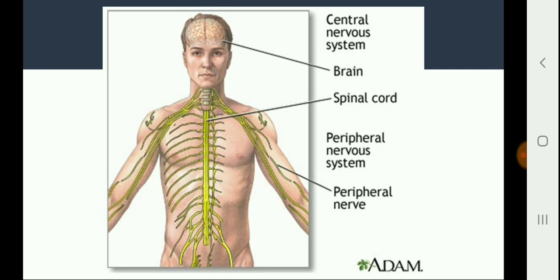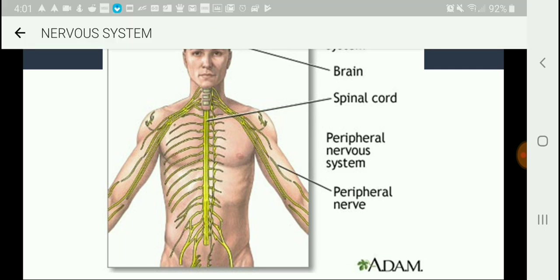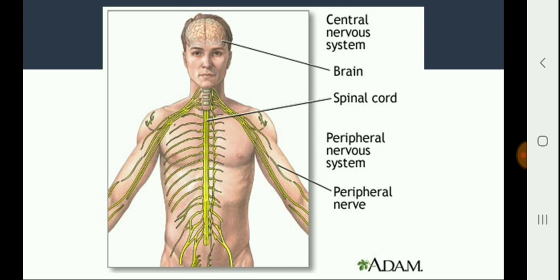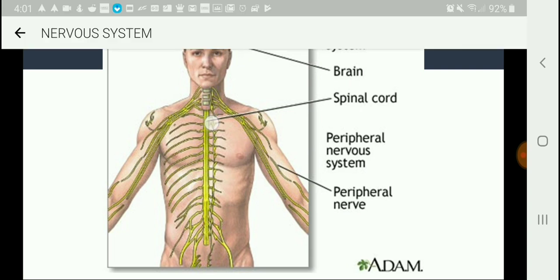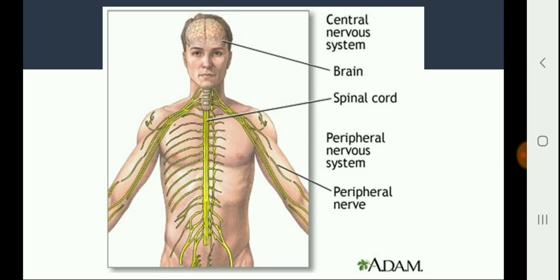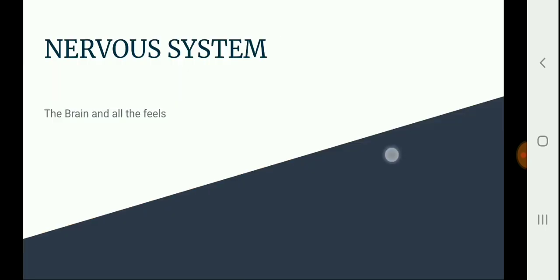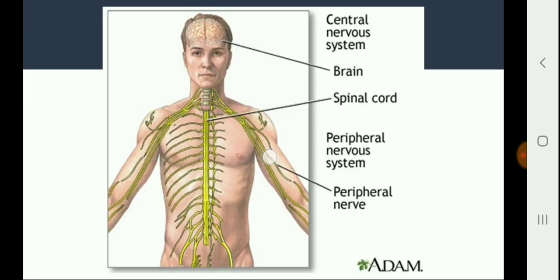So make sure with George in your notes that you sketch a brain and you draw down to make our spinal cord, and then from the spinal cord we have nerves going throughout the body here.